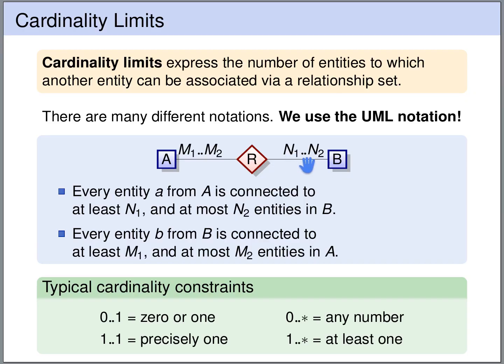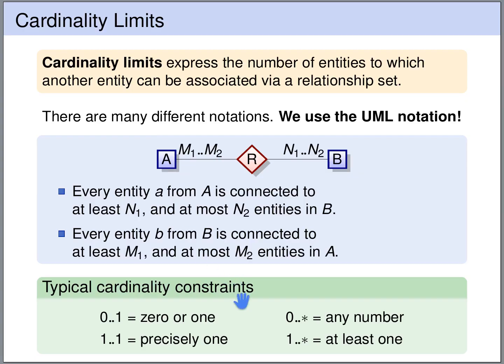So n1..n2 is a cardinality limit, and it expresses that every entity from the entity set A is related to at least n1 and at most n2 entities from the set B. Likewise, the cardinality limit on the side of A, m1..m2, expresses that every entity from the entity set B is related to at least m1 and at most m2 entities from the entity set A.